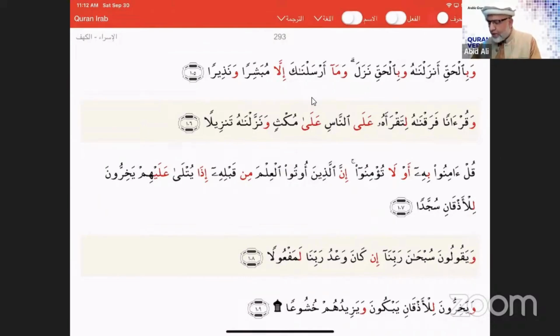The moment I turn it on, all these red letters you see now in Suratul Kahf are basically the huruf. They are from the third category. If I turn the fail on, then the green ones are the fail.